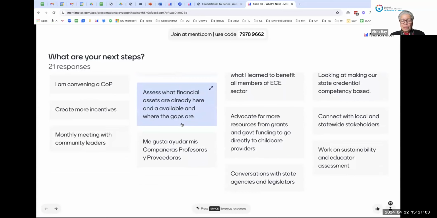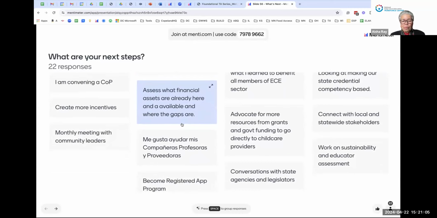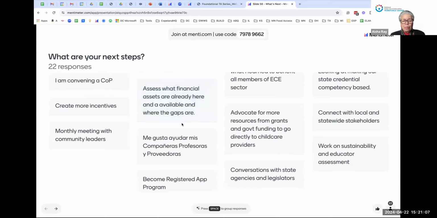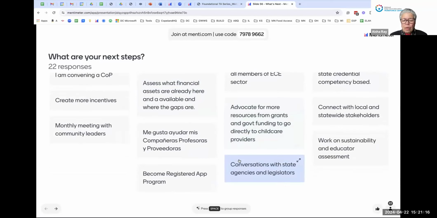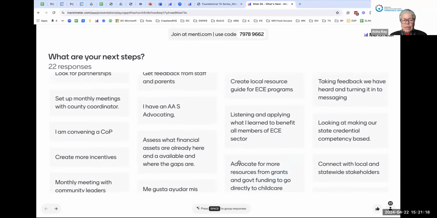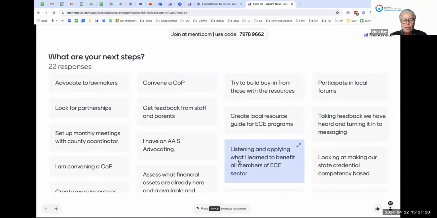State educators, working with officers, monthly benefits, work on sustainability. Excellent, excellent. So these are all fabulous, fabulous next steps. 22 responses. So appreciate you answering those.